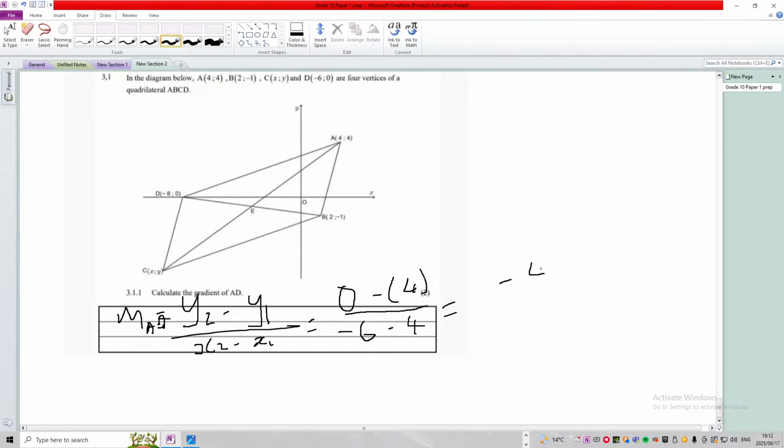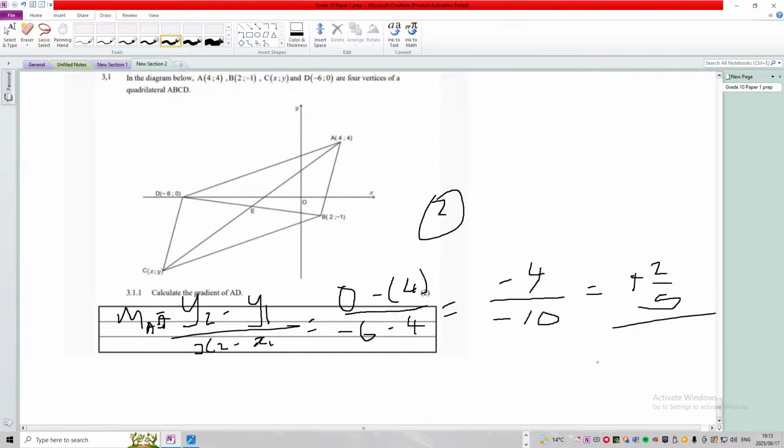So minus 4 over minus 10 equals plus 2 over 5. That took less than 2 minutes, and I was yapping for the other 30 seconds. You understand? So these questions must be quick. Gradient: y2 minus y1 over x2 minus x1.